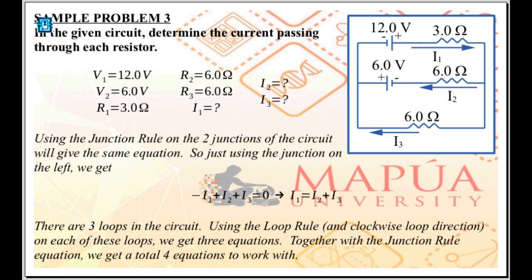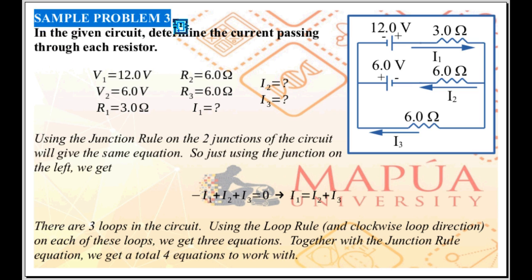Okay, so sample problem number 3. In the given circuit, determine the current passing through each resistor. Passing through the 3 ohm resistor, you have I1. Passing through the 6 ohm resistor, you have I2.